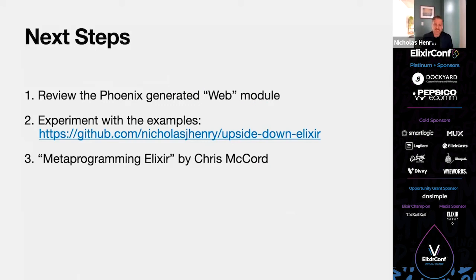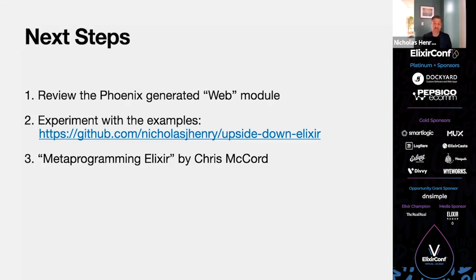So what are our next steps? Well, if you've never checked out the generated web module for Phoenix, I think that's a good place to start. Sometimes the stuff gets generated and we might not exactly know how that's working. You could also check out my repo, where I have these examples. I think it's great to play around with this at the REPL to get a better understanding of it.